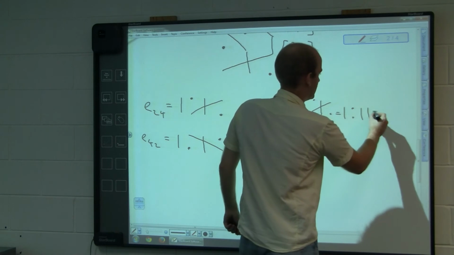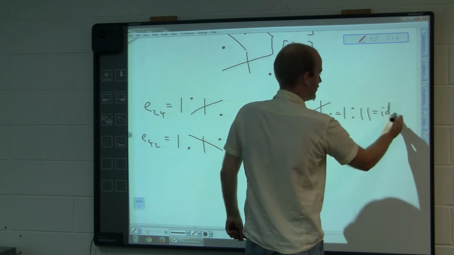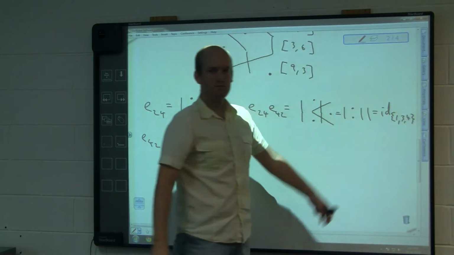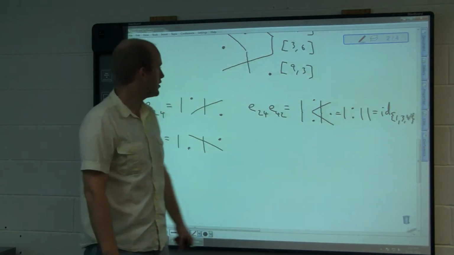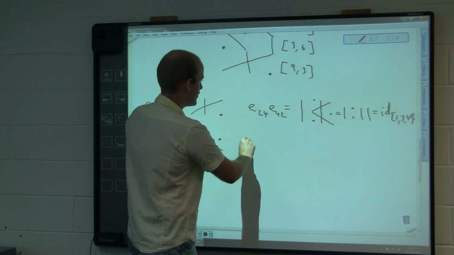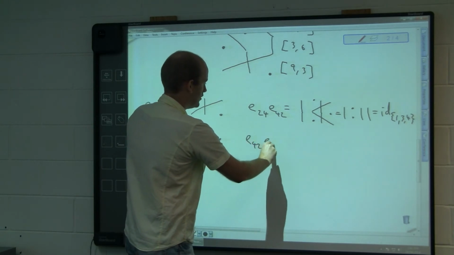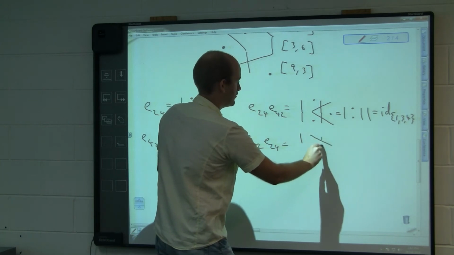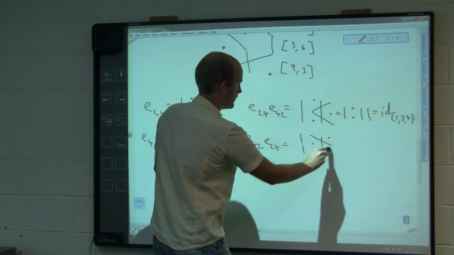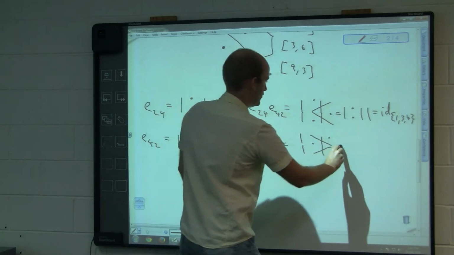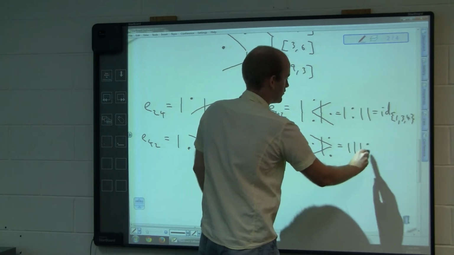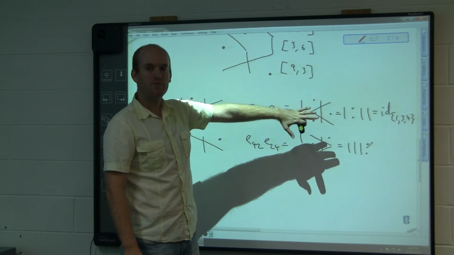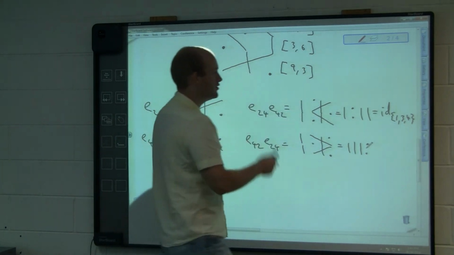So this is the identity mapping on the set 1, 3, 4, plus 5, 6, 7, or however many points you've got. On the other hand, E42, E24 gives us this one, which is another identity map, but it's an identity map on a different subset.